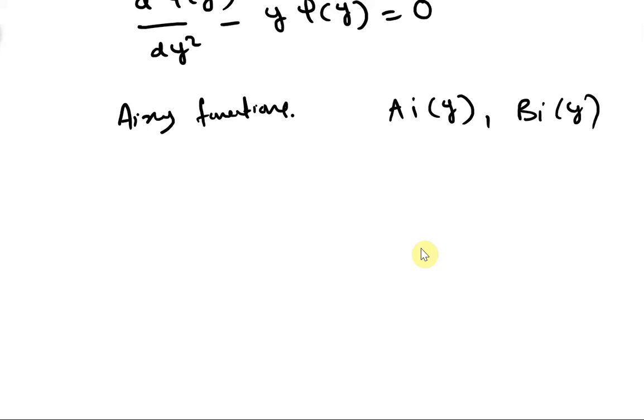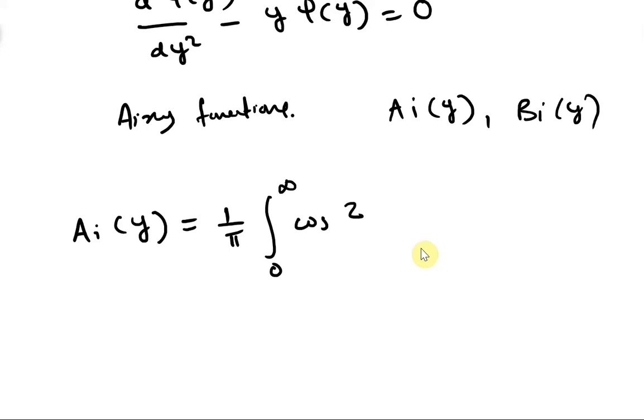So Ai of y is going to be of this form: 1 by pi integral 0 to infinity cos of z cube divided by 3 plus zy dz.